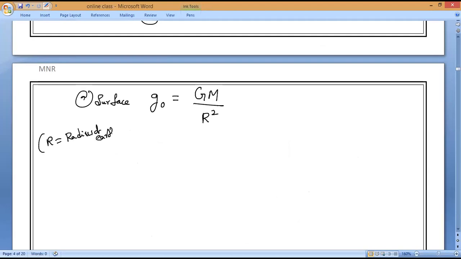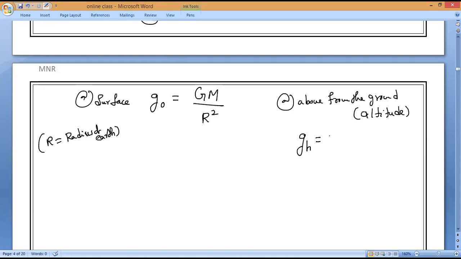Next, above the ground, that is, at altitude, g H is equal to capital G into capital M divided by R plus H whole square. Let me take this as equation 1 and this as equation 2. We have to find the relation between these two.